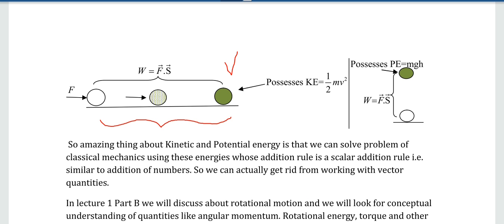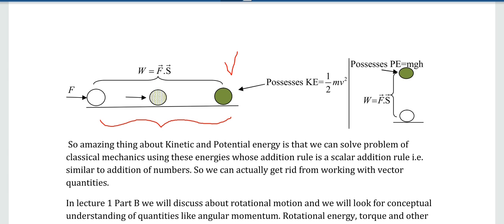Now you see the diagram I have drawn, that initially the ball is white, and as the work is being done in pushing the ball forward, it becomes green. Green symbolizes some kind of energy that the ball is achieving, and when the work is completely done till a distance s, I made the ball completely dark green.